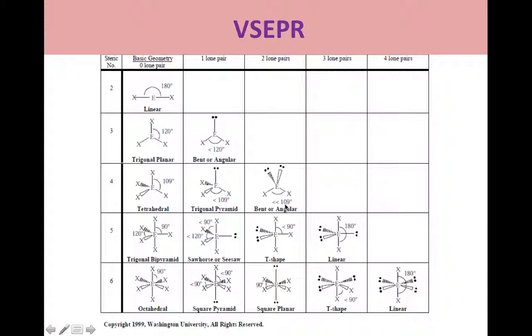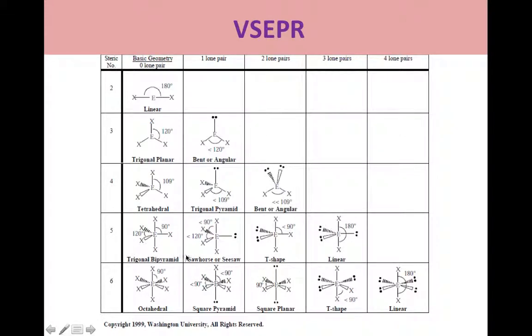Same with this one. Now you have a trigonal pyramidal shape, because there's your triangle, and it forms kind of like a pyramid with that central atom. Here you get a bent or angular shape. So this one is an example of water or sulfur dioxide.